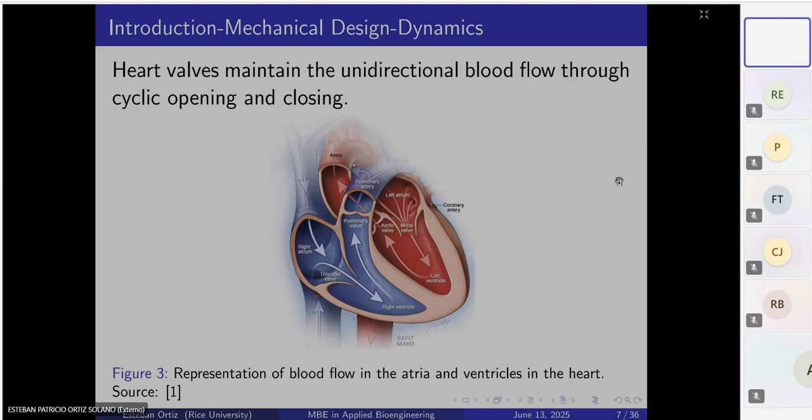Why is it important to study the aortic valve? Because it is connected with the aorta, and basically that is the main pump that we have in our body.